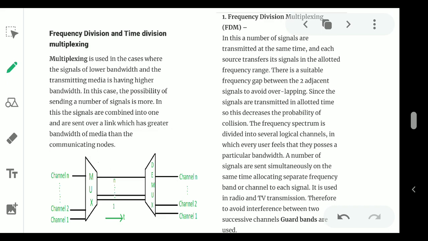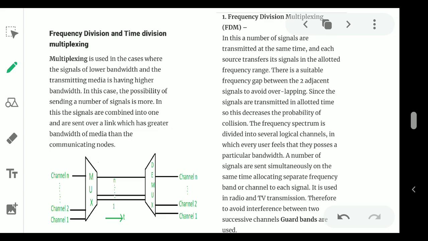Multiplexing is used where the signals have lower bandwidth and the transmission media has higher bandwidth. When you are transmitting signals of lower bandwidth over a medium having higher bandwidth, the possibility of sending a number of signals is greater. In this, signals are combined into one and sent over a link which has a greater bandwidth than the communication nodes.